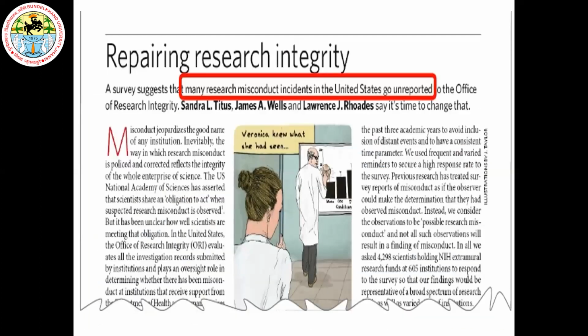Now this is very important. You see, many research misconduct incidents in the United States go unreported. So this is one study, but this is common to other countries also. Many research misconducts are unnoticed.